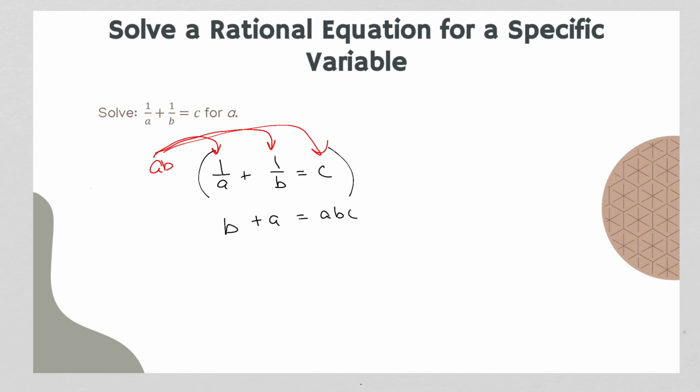All right, so now I want to get the a all by itself. Notice that you have an a there and you also have an a there. So what I would do is I would get my a's on the same side of the equal sign and leave my b alone. So subtract a, subtract a. So I get b is equal to abc minus a.